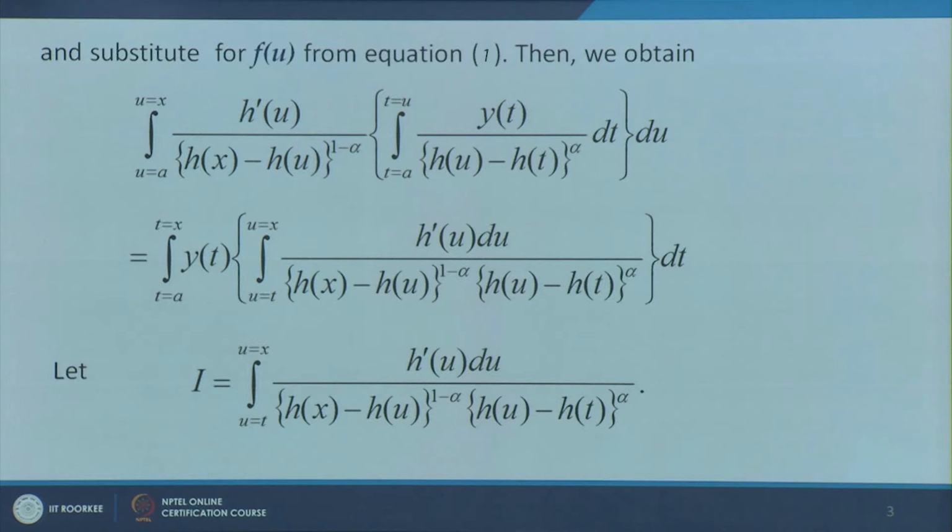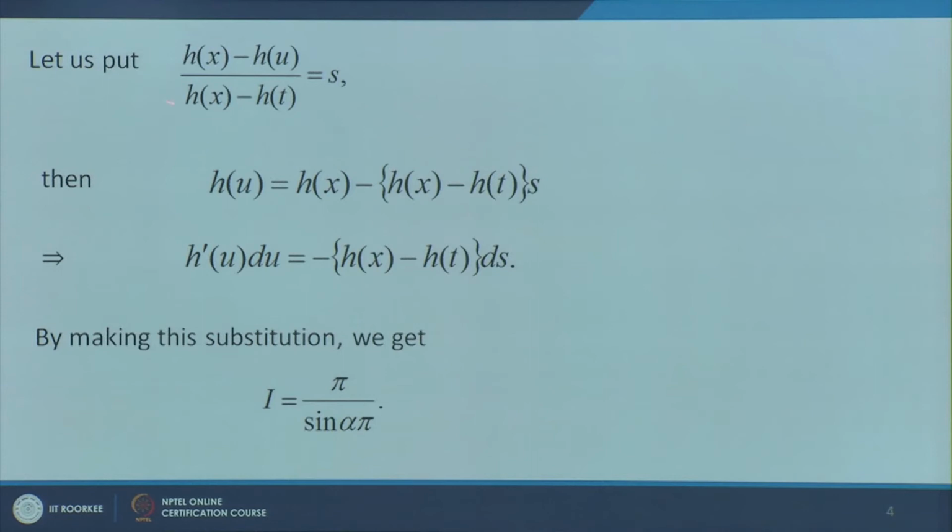So let us now take I to be equal to the integral from u equal to t to u equal to x, h prime(u) du over (h(x) minus h(u)) to the power 1 minus alpha, (h(u) minus h(t)) to the power alpha, and then let us put (h(x) minus h(u)) over (h(x) minus h(t)) equal to s. Then from this substitution we get h(u) equal to h(x) minus (h(x) minus h(t)) s, so that h prime(u) du is equal to minus (h(x) minus h(t)) ds.